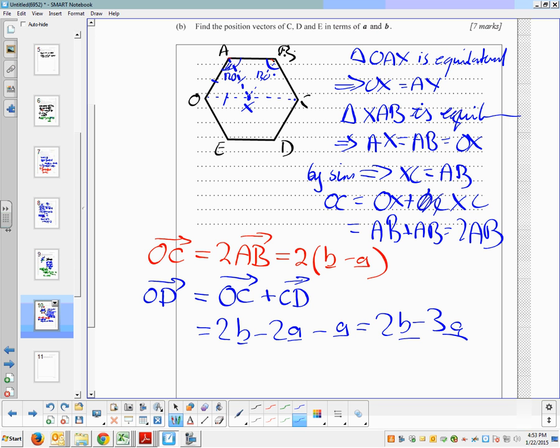You should also definitely get in the habit of putting little underlines on your vectors. OE is equal to, well, I can just do OD plus DE. We've just worked out what OD is, 2B minus 3A.